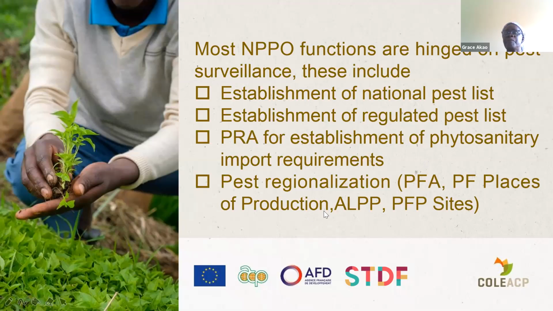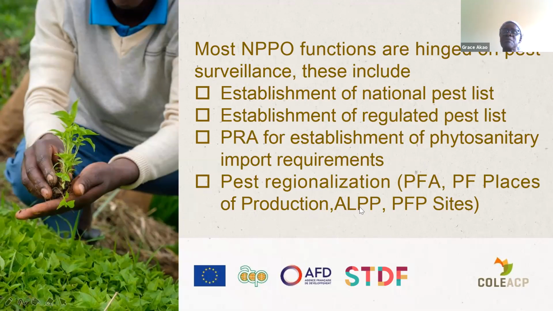Pest-free places of production. You could also have established it and you are maintaining it. But this one is established in, let's say, a country that has that pest. But that specific place of production does not have that pest, and it is still being officially maintained. Areas of low pest prevalence is the same issue.